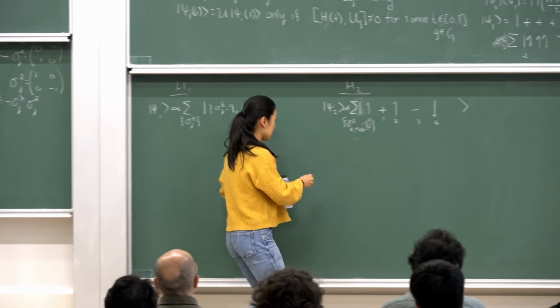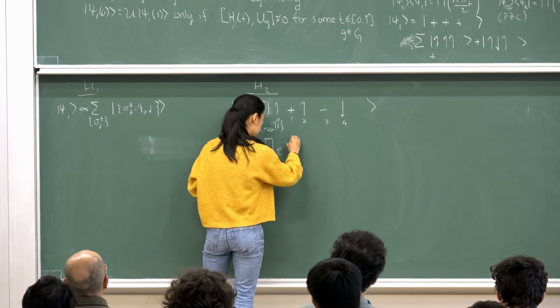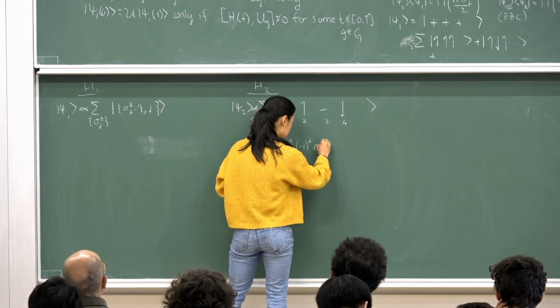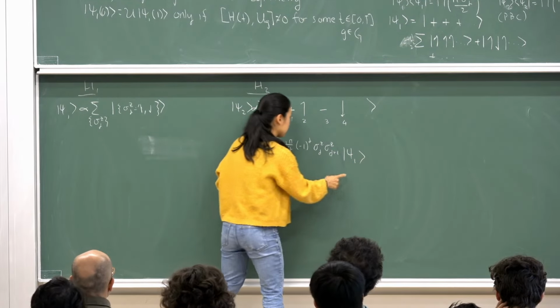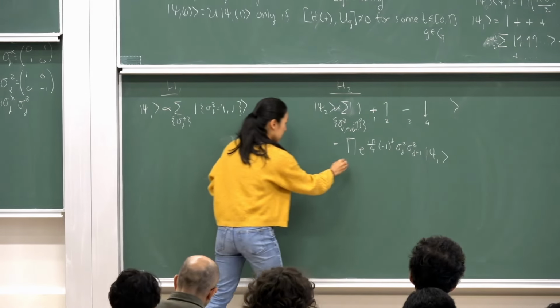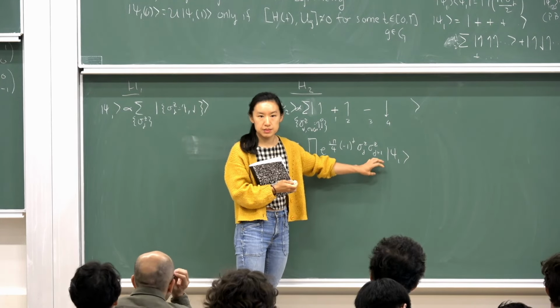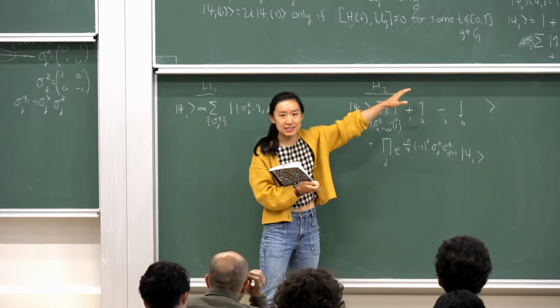Actually, I can also interpolate between these states. But you can see that this interpolation explicitly breaks the symmetry because sigma z doesn't commute with sigma x on the odd and sigma x on the even.